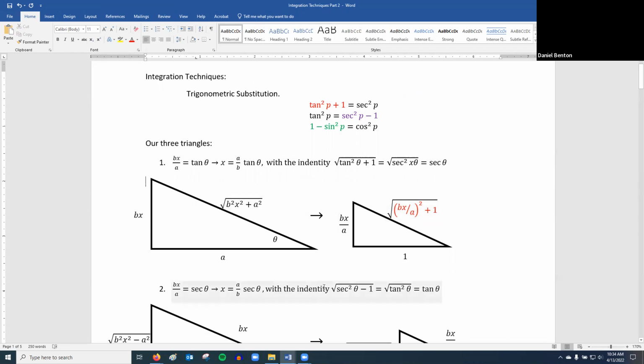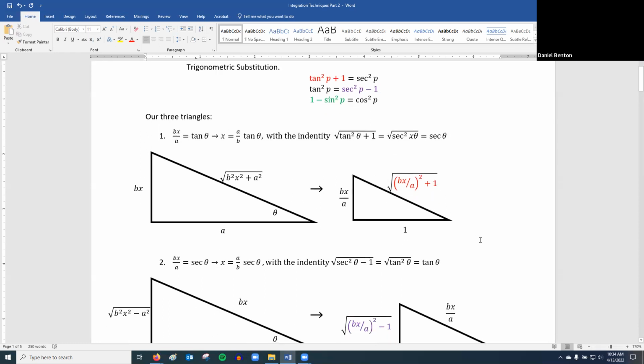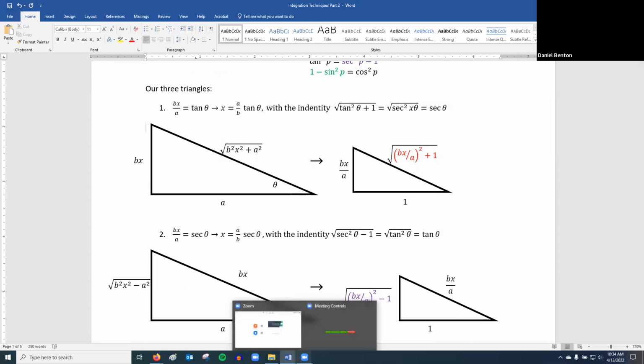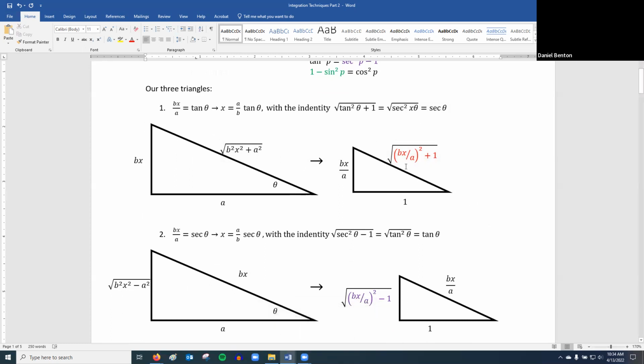And then we use this. This is going to be the key right here, our reference triangle. This reference triangle is going to let us go from x's to thetas, and then from thetas back to x's when we get the antiderivative. Okay. And since these are SOHCAHTOA triangles that work for all numbers you can have on sides of the triangle, we can use these for any size x that we might want to have.